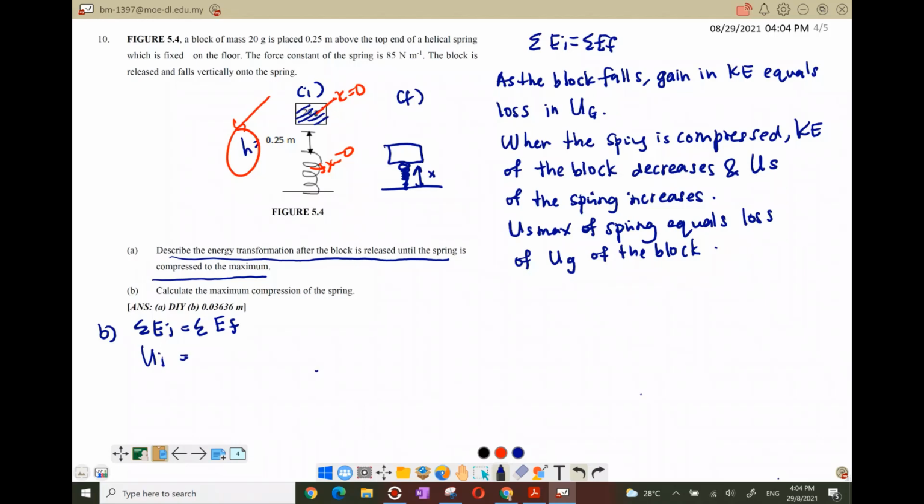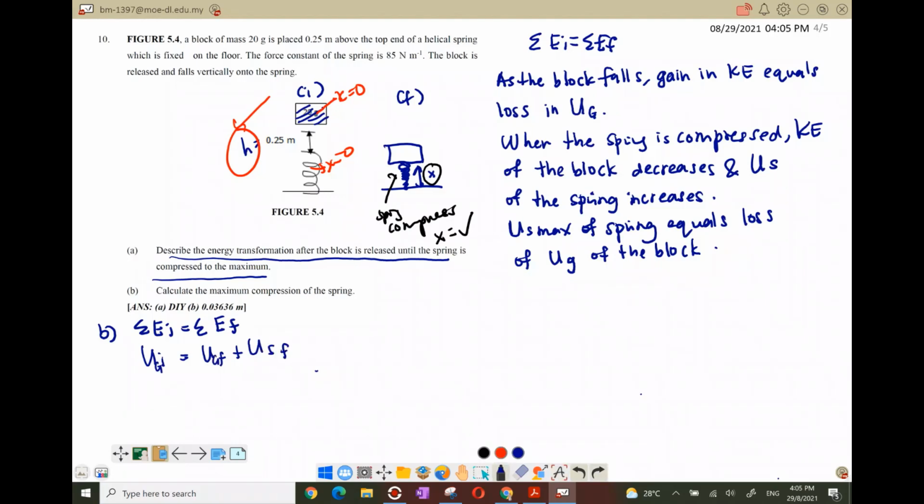So finally, okay, kalau kita lihat sekarang, dia masih ada lagi height, and at the same time, spring kita dah compress. Bila compress, maka akan wujud nilai X. Finally, the energy final is equal to U_G final plus U_S final.